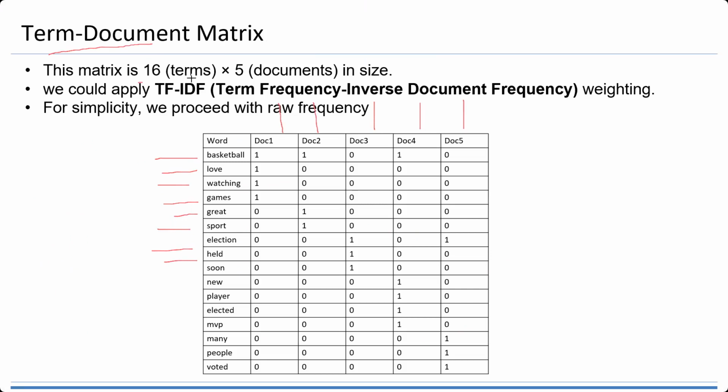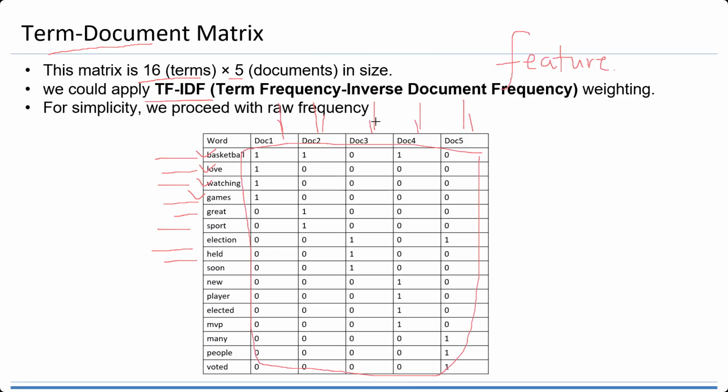We have 16 terms: basketball, love, watching, games, and so on, and 5 documents, so we have 5 columns. If you look at this matrix, you can generate the TF-IDF. Do you still remember TF-IDF? So you can make the features using TF-IDF.